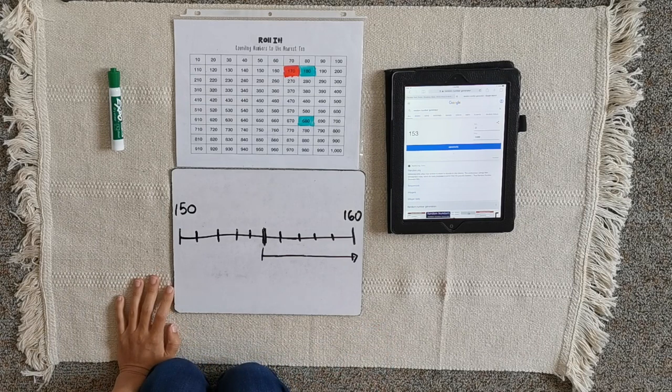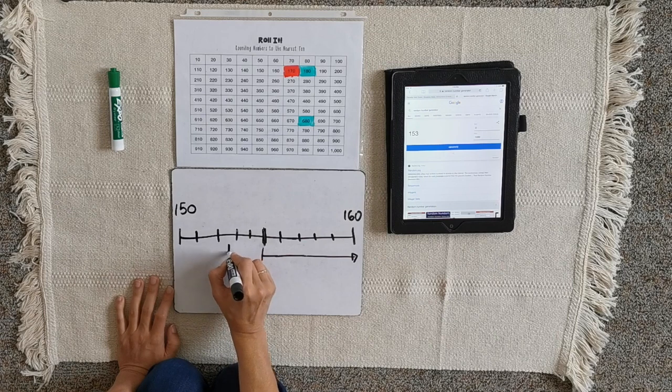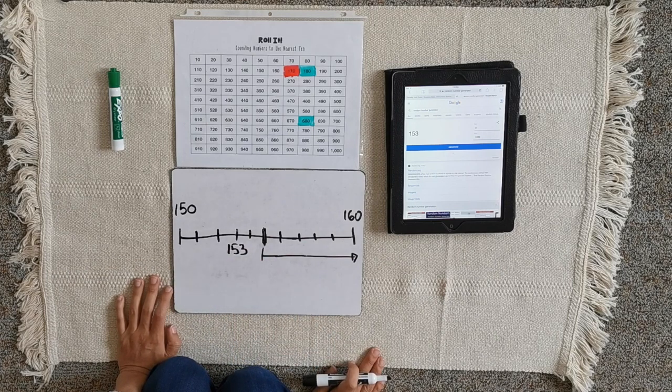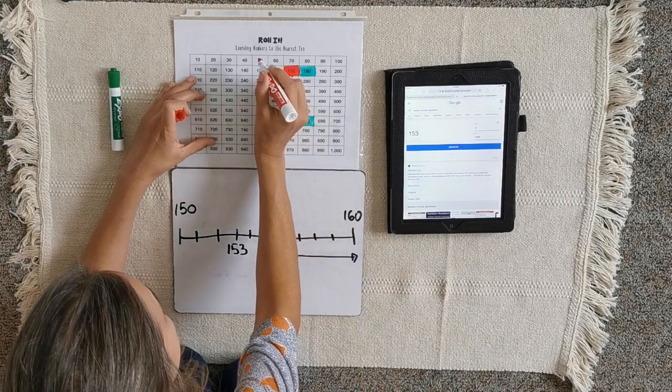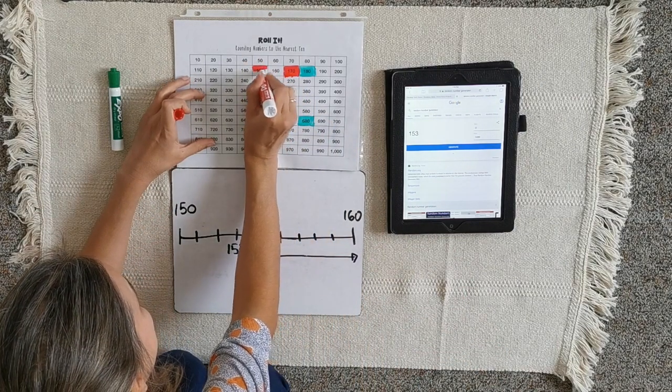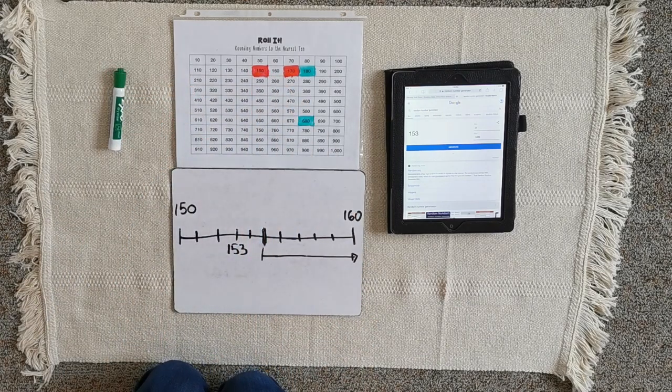Where is it exactly? 151, 52, 53. 153. So which base do I want? 150. So let's look for 150. Ta-ta-ta. This is mine. Okay? So if I want 2 more, I can go.